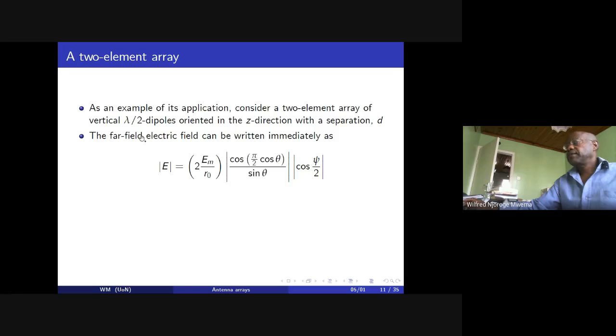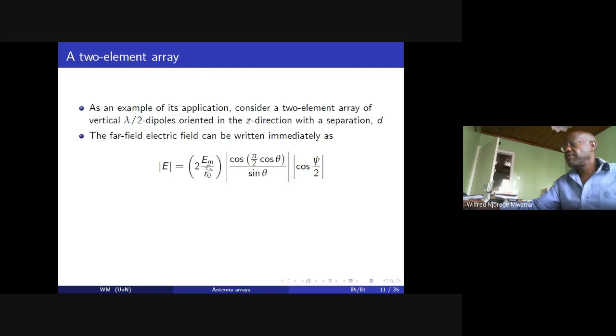So the far field electric field can then be written immediately as the normalized array pattern factor, multiplied by the pattern we already obtained when we were dealing with thin antennas, which was cosine of pi by 2 cos theta over sine theta, where we are using the maximum direction, at the maximum level.